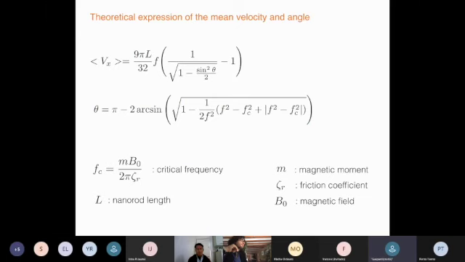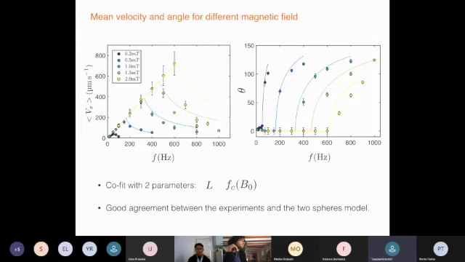In this figure, I present experimental results: in the first figure, the velocity of the microrod, and in the second one, the corresponding angle theta of the microrods for different field amplitudes. The field amplitude is indicated by the color. The experimental data are the dots, and the solid lines are the fit using the expression in the previous slide.